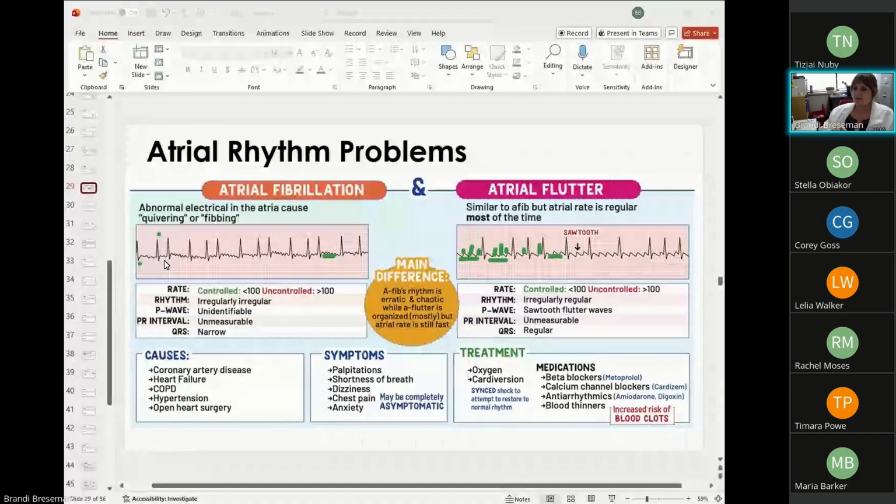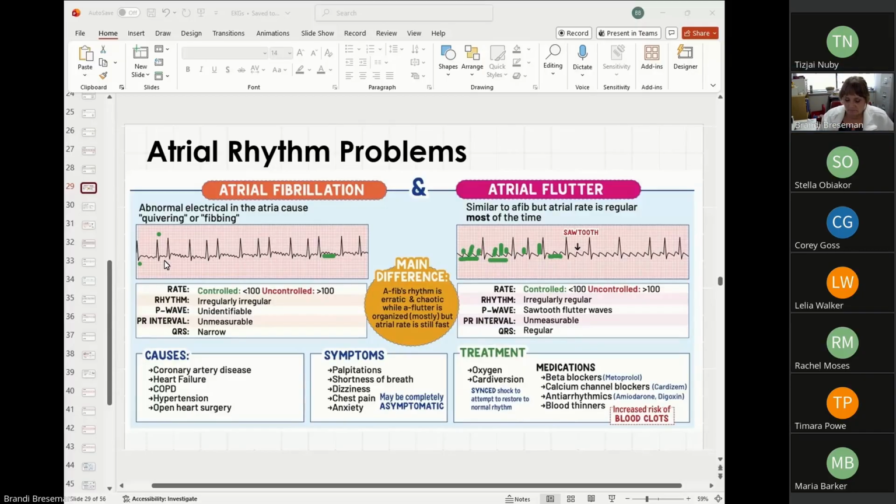But it may not shock as soon as you hit the button. There will be a delay, because it has to hit in a certain part of that rhythm. We're not fast enough to do that as human beings, and that's why the machine does it for you.